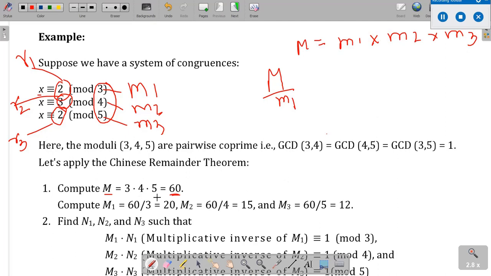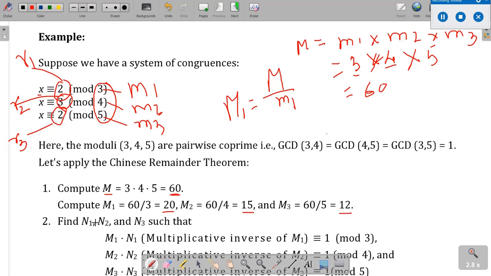So we get 60, 3 into 4 into 5 equal to 60. m1 को फाइंड आउट करने के लिए हम इस फॉर्मूले को यूज करते हैं। तो 60 को यदि हम m1 मीन्स 3 से डिवाइड करें then we will get 20। सिमिलरली m2 को फाइंड आउट करने के लिए अगेन 60 को इस 4 से डिवाइड करेंगे। 60 को 4 से डिवाइड करें then we will get 15, और 60 को थर्ड m से डिवाइड करें then we will get m3 12.